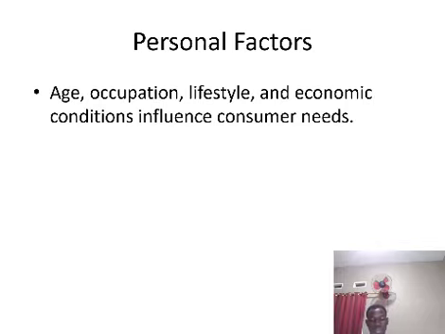Culture, family, and social groups affect customers' preferences. People buy certain food, clothes, or brands because of culture, values, or family habit. Social media also influences buying decisions heavily.